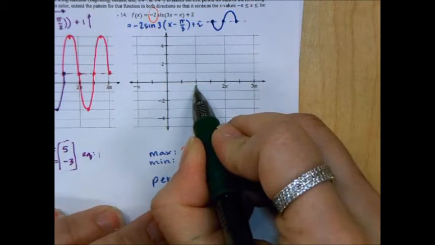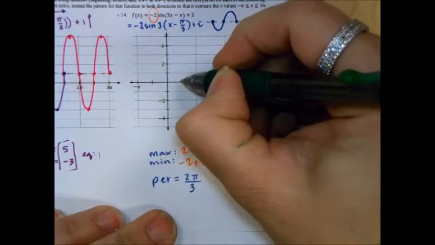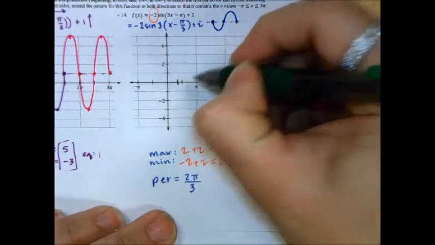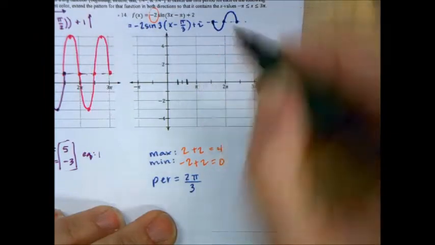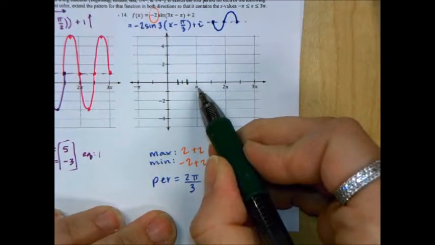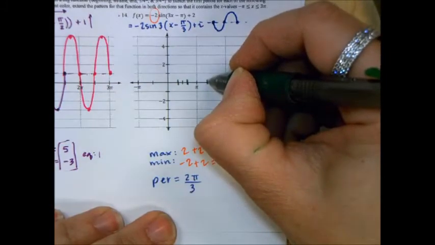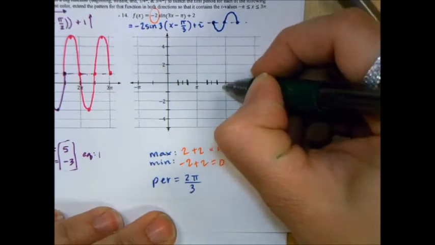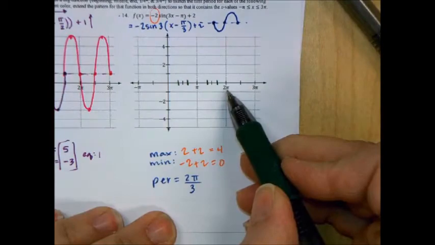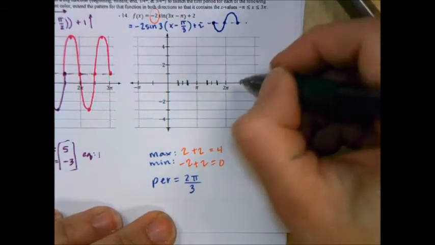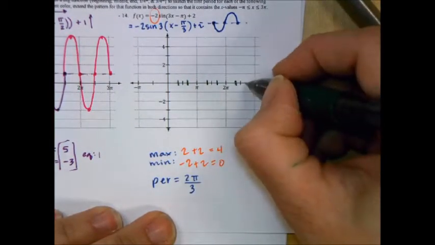So 1 pi over 3, 2 pi over 3. Pi would be 3 pi out of 3. 4 pi over 3, 5 pi over 3. 2 pi would be 6 pi over 3. 7, 8, and then 9 over 3 is 3 pi.